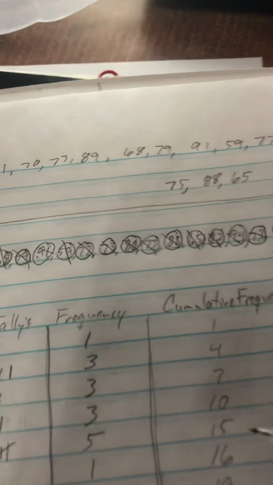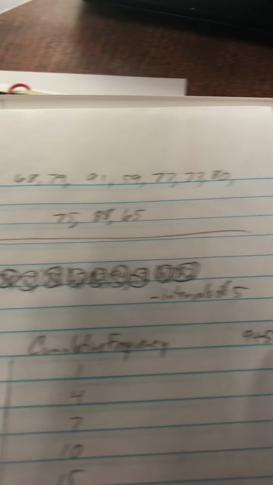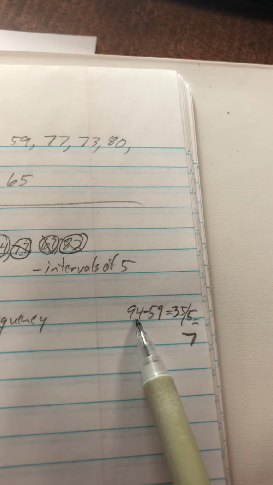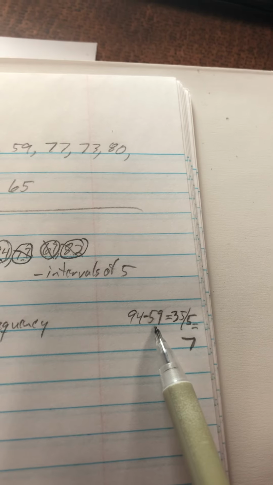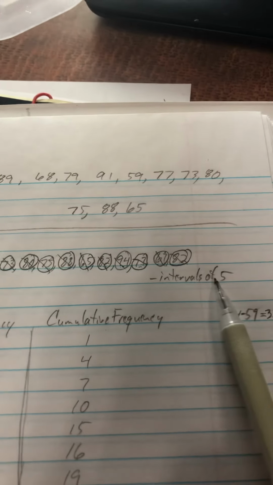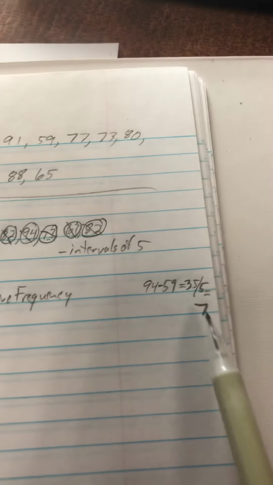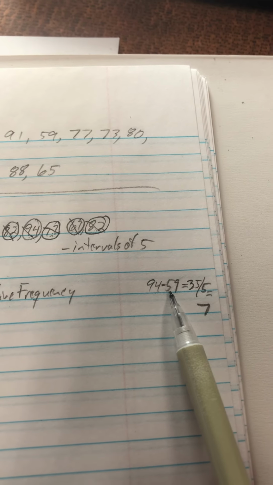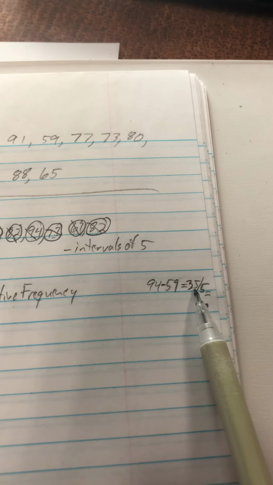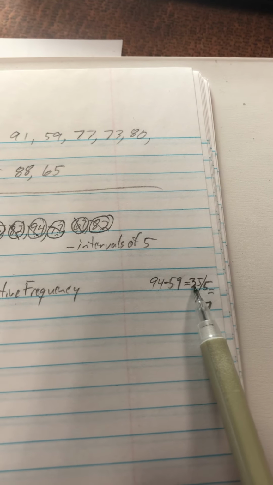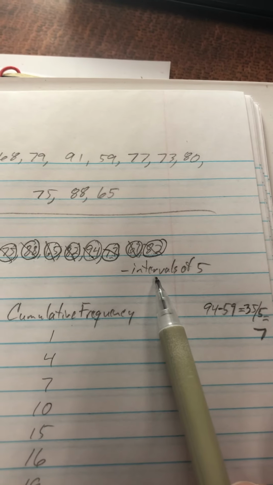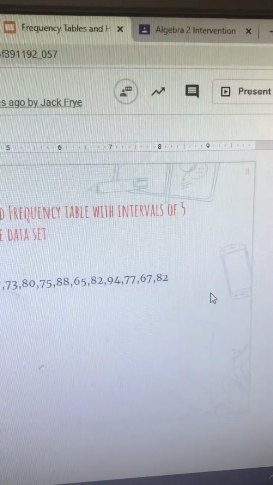That's the first step. And then in order to find the intervals, you take the highest number minus the lowest number in all the numbers that are listed on that slide. The highest was 94 and the lowest was 59. I subtracted it and I got 35. And in the problem on the slide it says with intervals of 5.